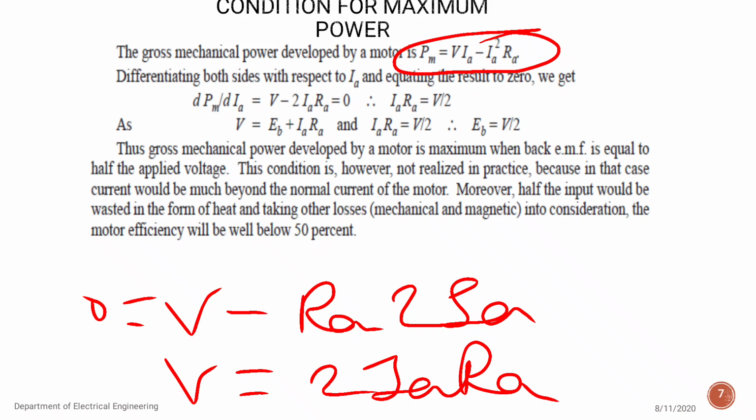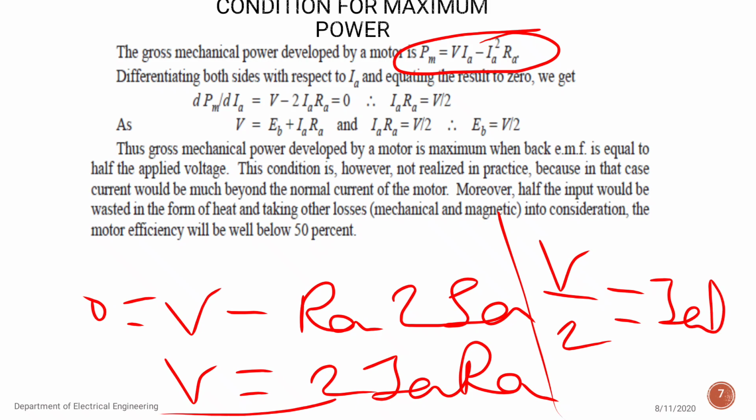Now again this 2 will shift to this side, so it will become V by 2 is equal to IA RA. Okay, now we know that V is equal to EB plus IA RA.